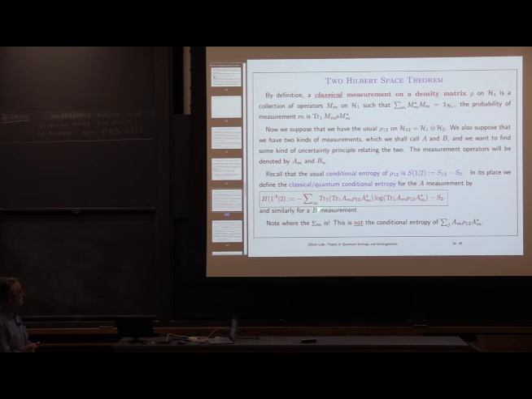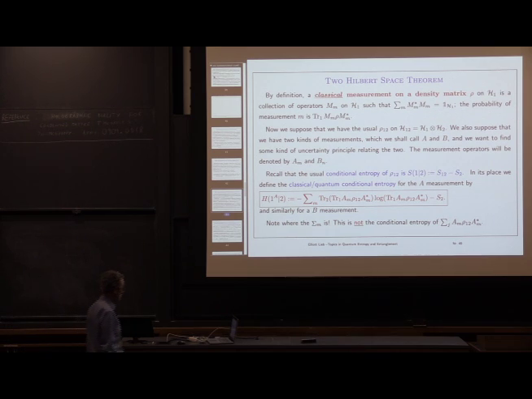And then, to evaluate this entropy, I take the trace over 2. And then, having done all of that, I sum over m, just as I summed over m here when I wanted to talk about the probability of the measurement. So this kind of quantum classical, it is not the conditional entropy of this measurement. It is not that, because you have to look at where the m and the trace appears in this expression.